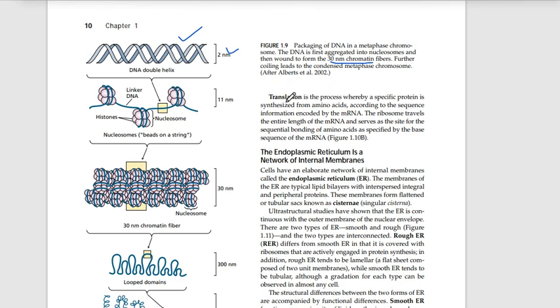The synthesis of messenger RNA from DNA is called transcription. From messenger RNA to protein synthesis is translation. Basically, that is the DNA double structure wrapped around histone proteins.